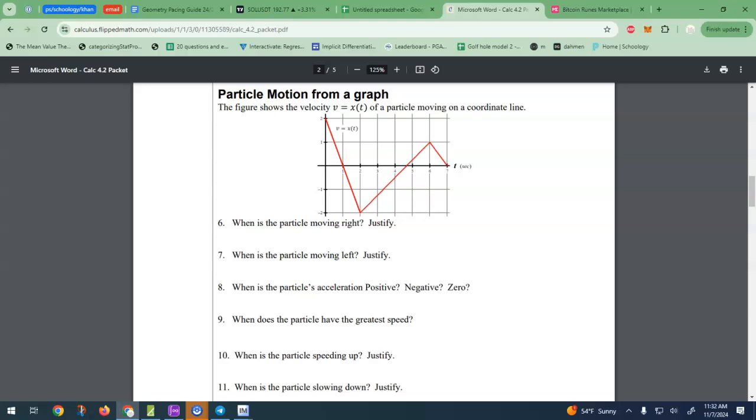See if I can color code this whole thing. My next section would be here. My velocity is negative because I'm below the axis, and my acceleration is positive because the slope is positive. So when they're different, that is slowing down.